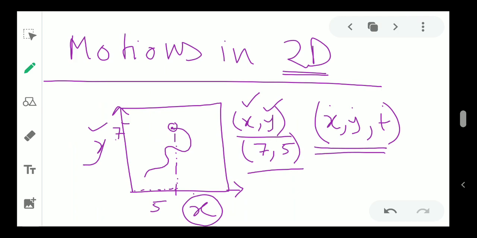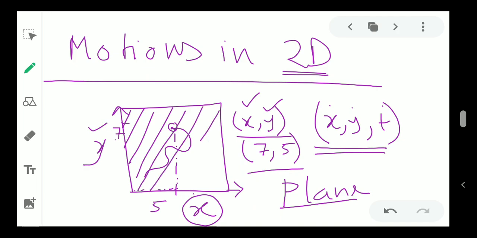Before we go further, somewhere you can also learn that motion in 2D is written as motion in a plane. Why a plane? Because when you have a two-dimensional space, one surface cross section will be called a plane.